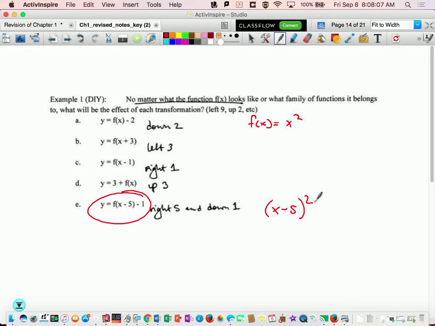So I put x minus 5 in there, minus 1. And so this graph would be our basic one here. And then if I went to the calculator and actually graphed this one, it would go down 1 and right 5. So you could go to your calculator and actually type it in and see how it's moving it. So you can kind of prove to yourself what's going on.